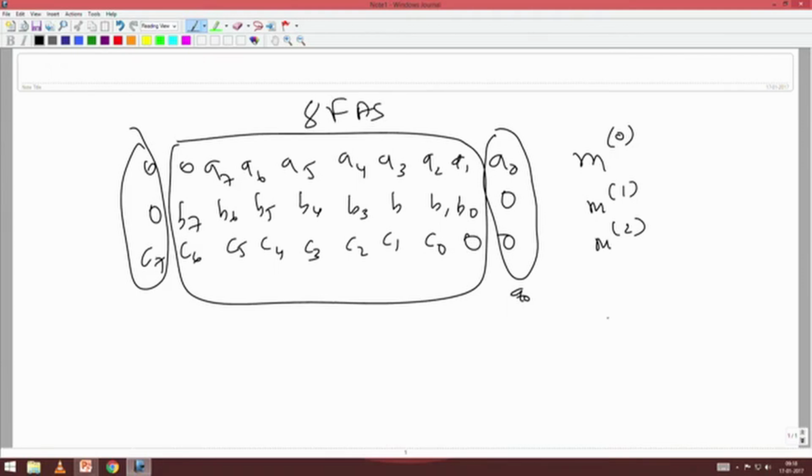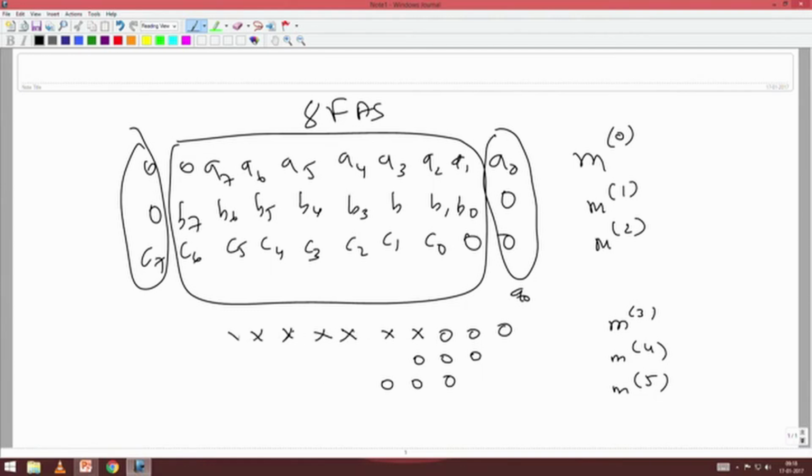So essentially you need only 8. So again when I take M0, M1, M2, when I take M3, M4 and M5, the partial products, please note that there will be 3 zeros for M3, again 3 zeros for M4 and 3 zeros for M5 already, and then you will have 1, 2, 3, 4, 5, 6, 7, 8.